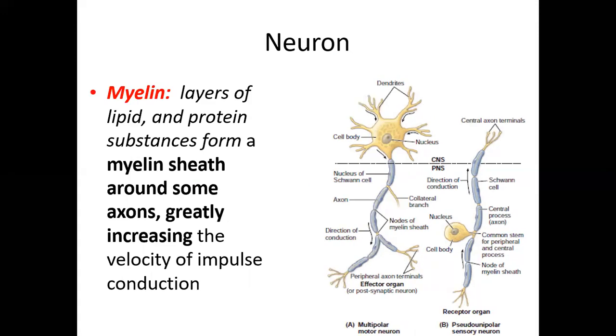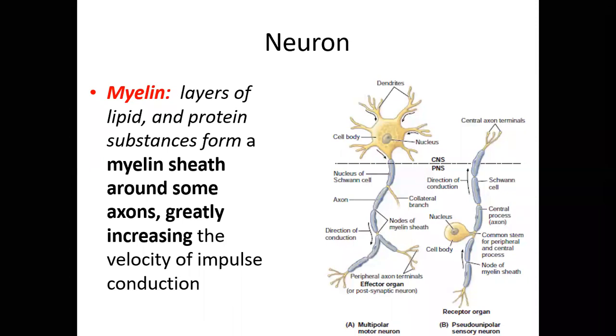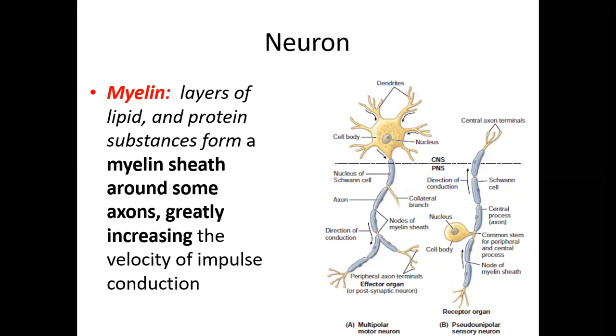Coming to the neuron, the neuron is myelinated. There is something called myelin. If you see here, there is a covering, especially for the axon. This is called myelin. Layers of lipid and protein substance form a myelin sheath around some axons, greatly increasing the velocity of conduction.